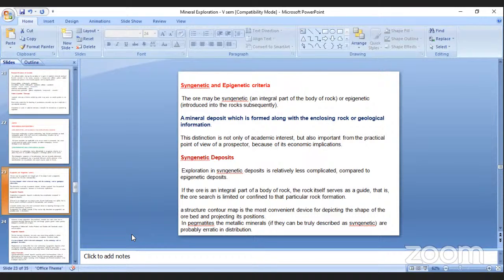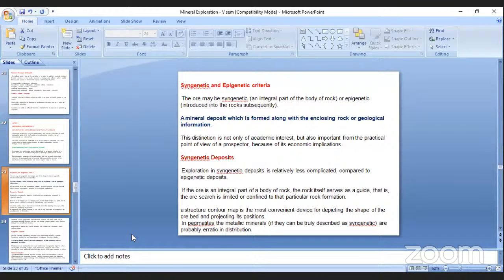From an exploration point of view, syngenetic formations are less complicated compared to epigenetic deposits. If the ore body is integrated with a rock, the rock itself is also useful as a guide, and it gives particular information within a limit, information about the rock and how it is forming.